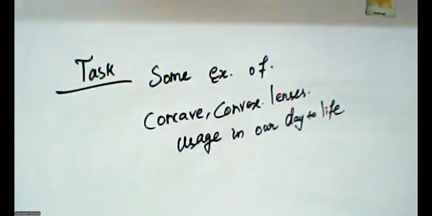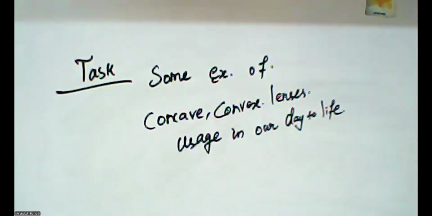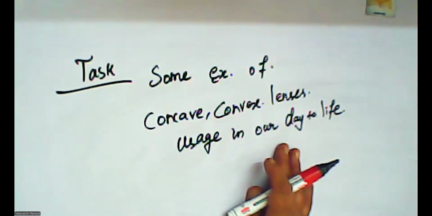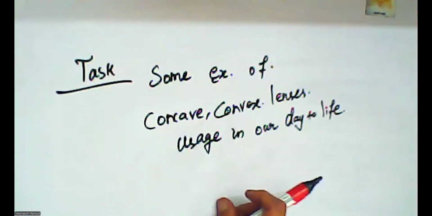In our day-to-day life, where are we using the concave and convex lenses, how are the images formed, and for what purpose are we using the concave and convex lenses?